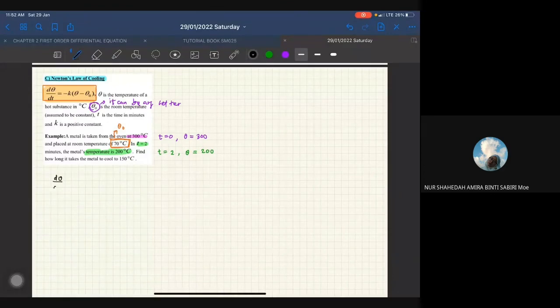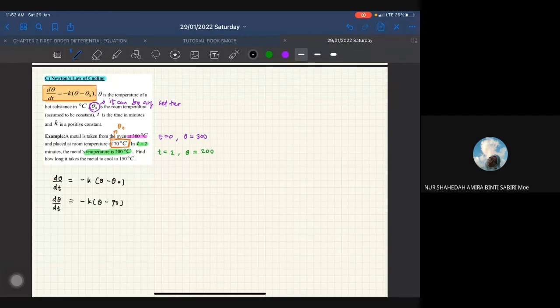d theta dt is equal to negative K theta minus theta naught. Alright, so we already know our theta naught. So awak substitute dulu. Kita punya room temperature. So d theta dt is equal to negative K theta minus theta naught, kita 70 tadi. 70 degree.